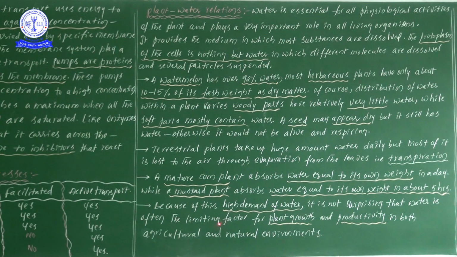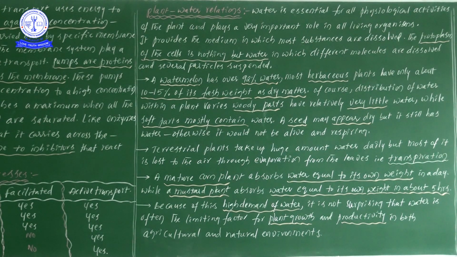Why? Because water is needed for all activities, so definitely availability will be very less. When compared to all factors, if water availability is less, we consider water as the limiting factor. This particular word I will explain very clearly in photosynthesis also. Just remember the limiting factor word here. So likewise we can see the involvement of water.